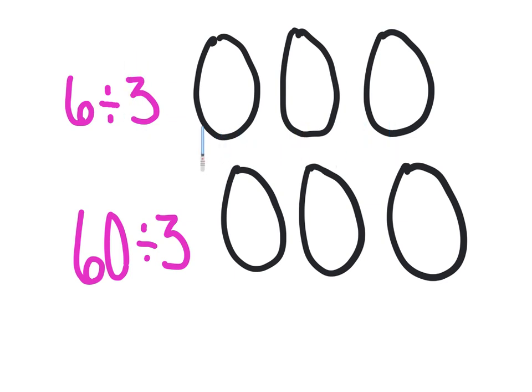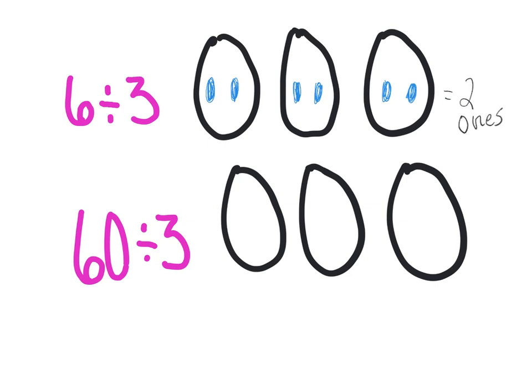So how many can we place in each one of these groups? 1, 2, 1, so 1, 2, 3, 4, 5, 6. So there's our 6. And how much do we have in each group? Well, as you can see, we have 2 ones in this group.